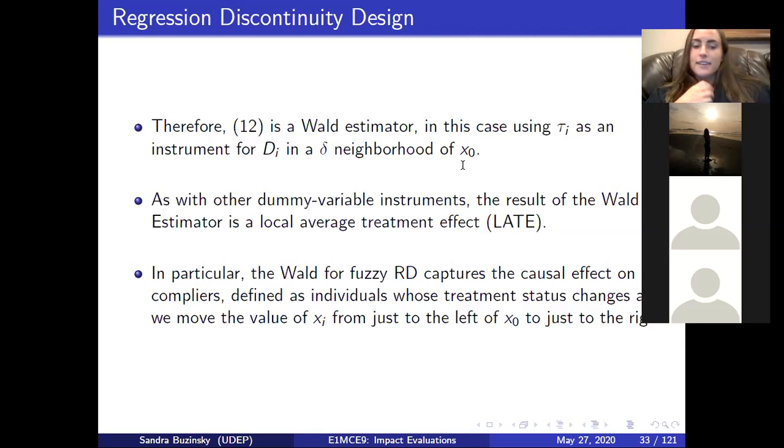What do you guys think? Yes or no? We have the local average treatment effect, which we know is the average treatment effect for the compliance subpopulation. So can we say that with this regression discontinuity estimate, we have the effect for the whole sample, for all of the test takers?